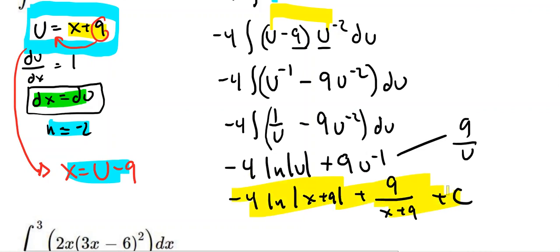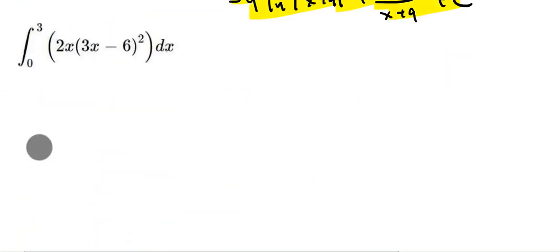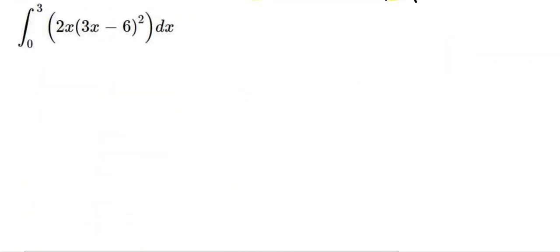Okay, let's do another one that is somewhat similar to that. And now this one also happens to be a definite integral. So that's a new twist on this particular problem. So again, we see that we have a composite function. My u is going to be this.